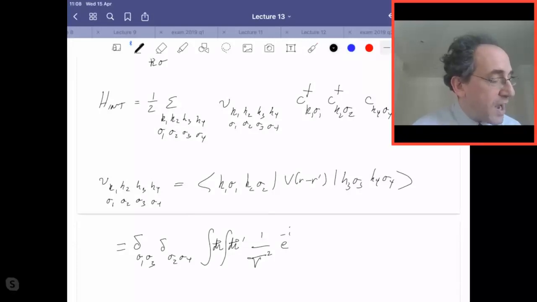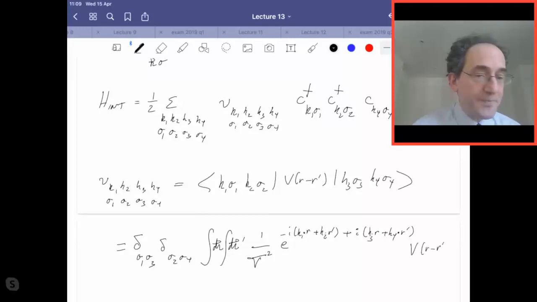Okay, this is the bra, so it should have a minus sign: k1 dot r plus k2 dot r prime, and then the ket will be e to the i k3 dot r plus k4 dot r prime, and then the interaction V of r minus r prime.